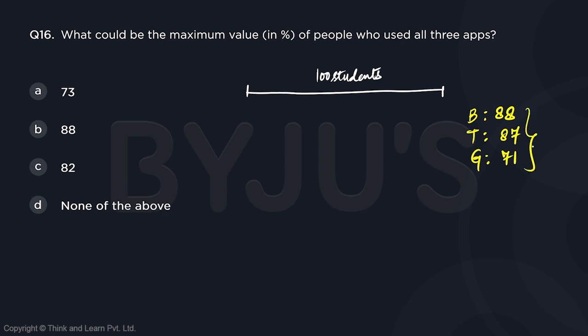We have a total of 246 chocolates overall. We need to distribute these 246 chocolates among these 100 students. This is how we will proceed.